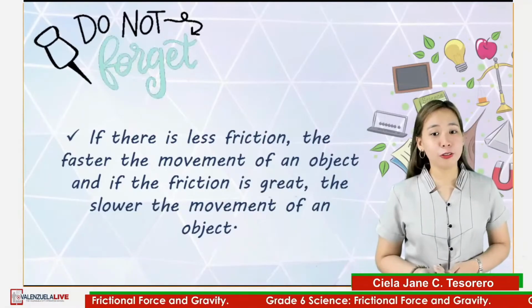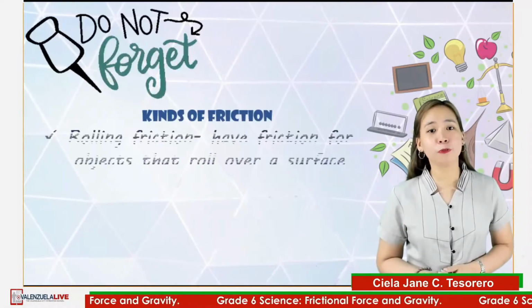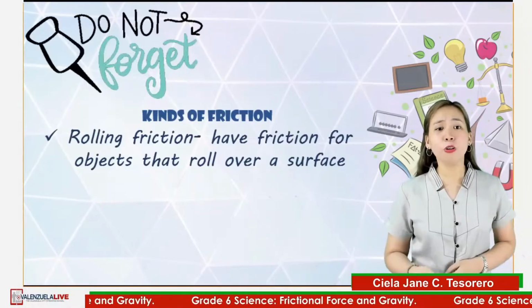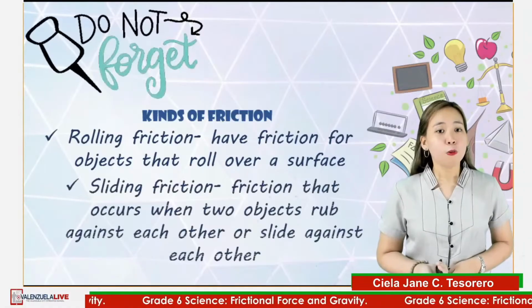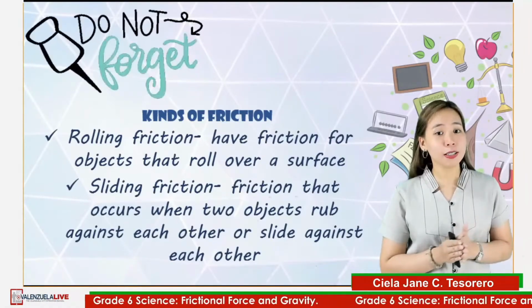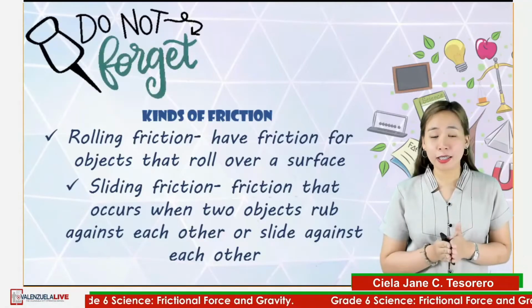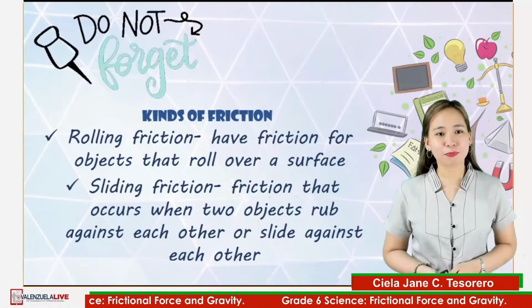We have different kinds of friction. We have friction for objects that roll over a surface, and we call it rolling friction. We also have friction that occurs when two objects rub against each other or slide against each other, and we call it sliding friction.